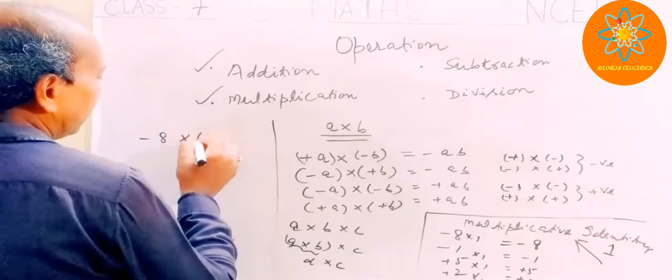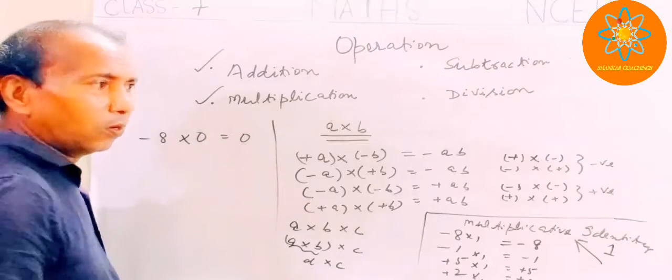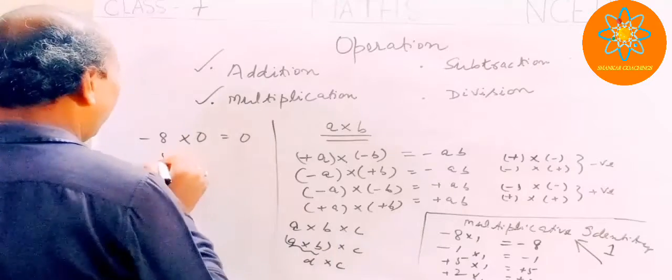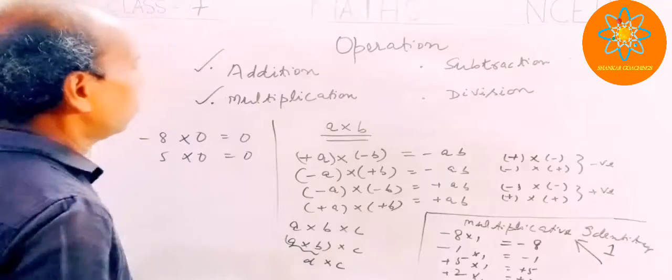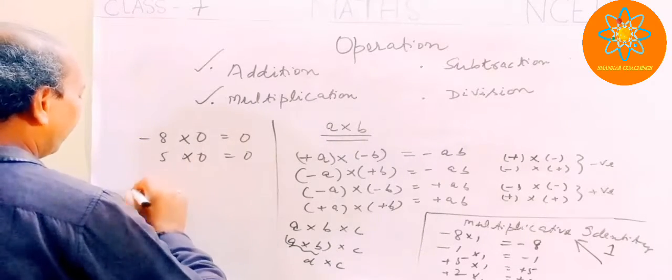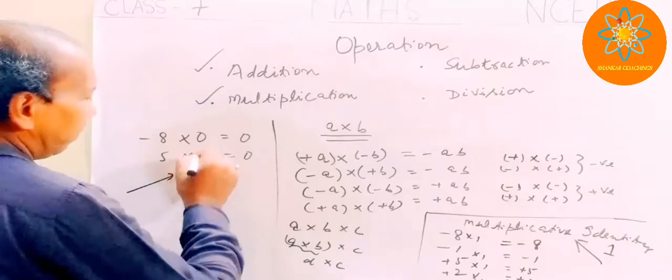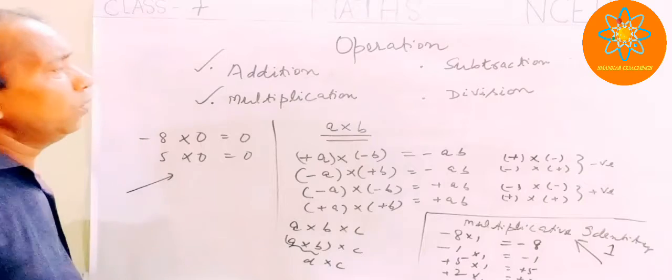If you multiply it by 0, you will get the value 0. For example, 5 multiplied by 0 gives 0. So we can say that if we multiply any integer with 0, you will get the value 0.